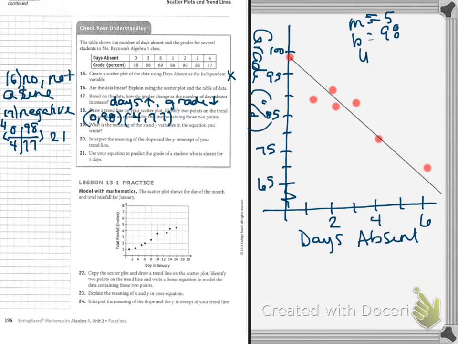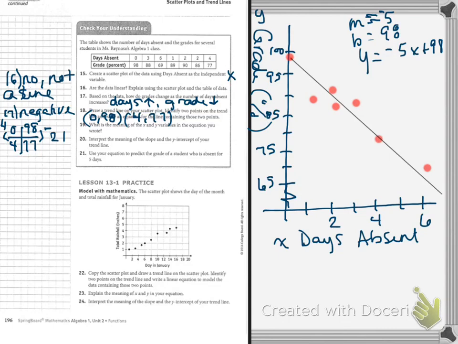So I could write y equals, and it's a negative because it's going down, right? Negative 5x plus 98. Because it's just an estimate, x and y variables in the equation, so x is going to be our days absent, and y is going to be our grade.